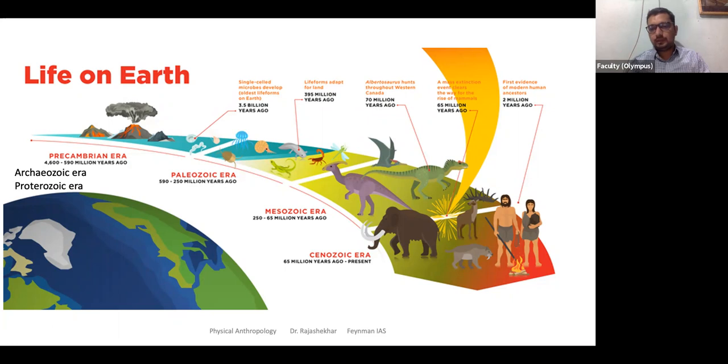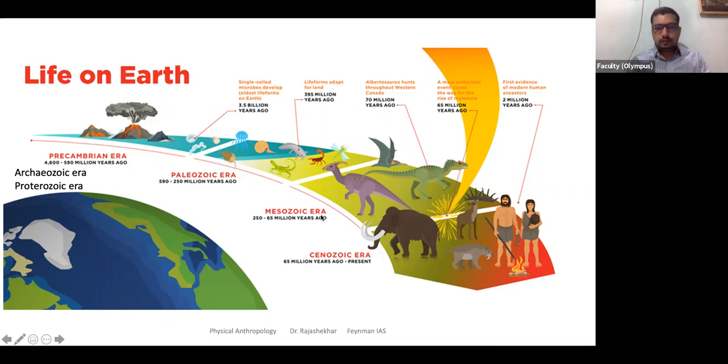We talked about paleoanthropology, right? We use paleo to refer to old life in a way. Here some more life forms started showing up, like several protozoans and snails. From the Paleozoic era, we move to the Mesozoic era. Meso means middle or intermediate. Paleo means old; Meso means middle, intermediate.